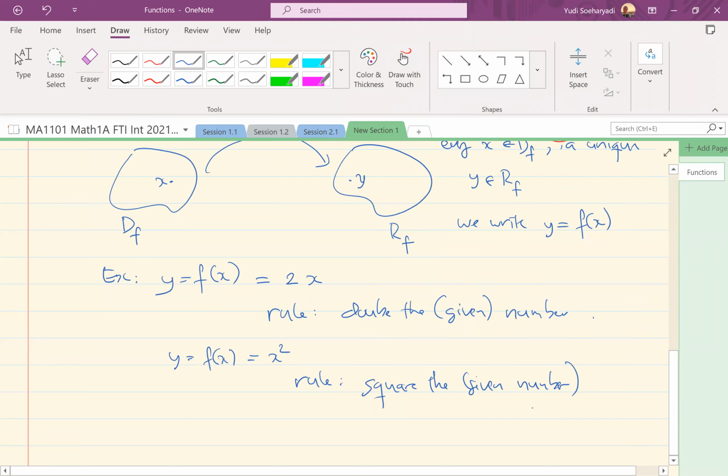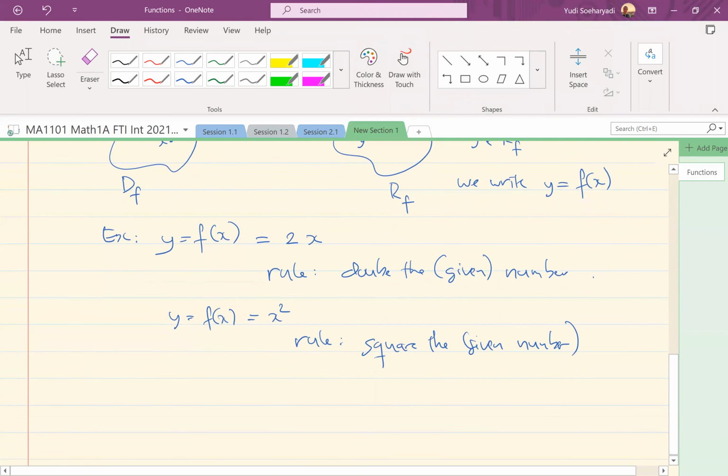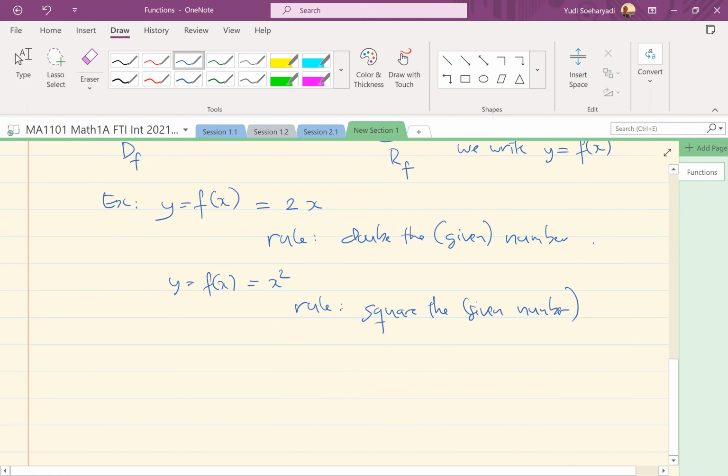Okay, so it doesn't really depend on what kind of letter you use. You can use X, or you can use Y, or whatever you like. So the rule is independent of the letter used as variable, right? So X and Y are called variables.